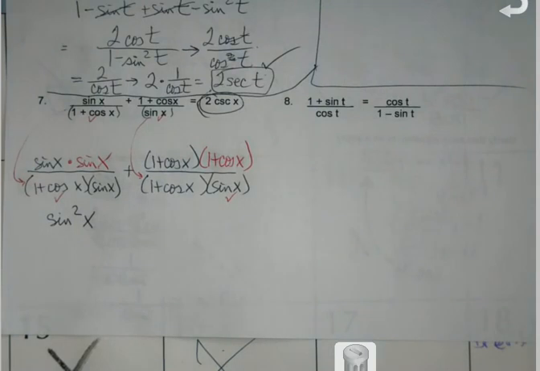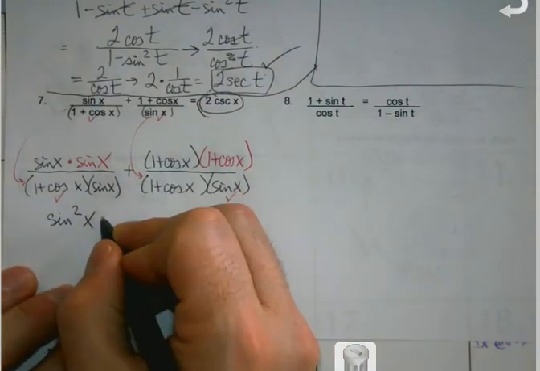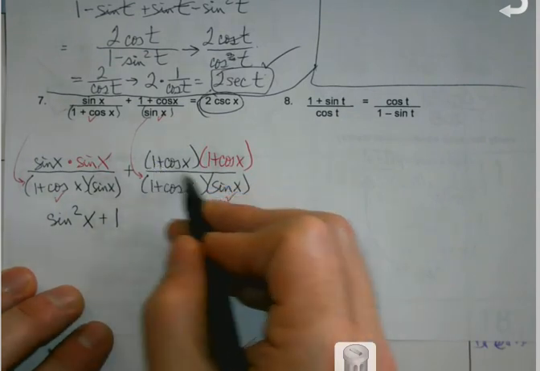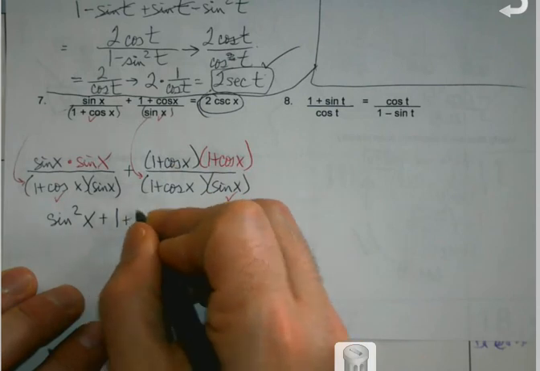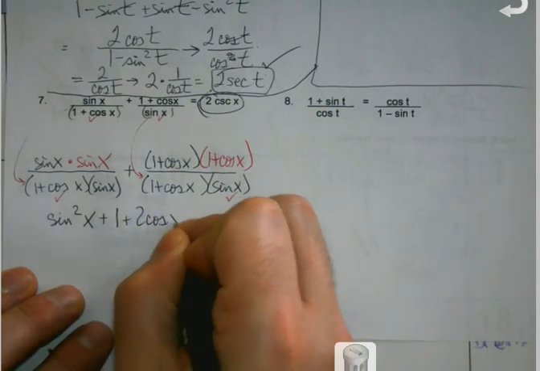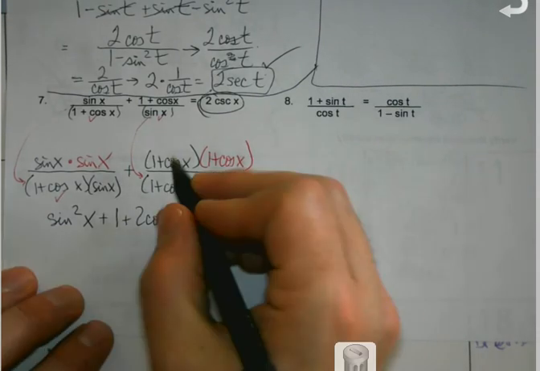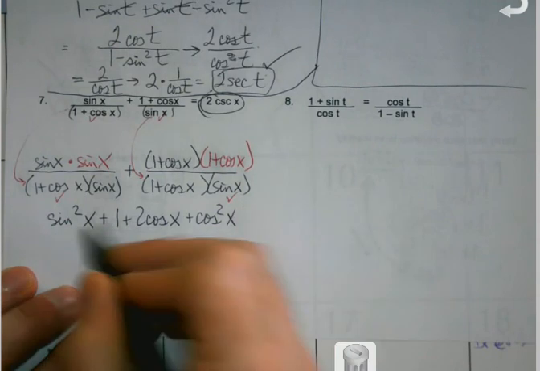So I look and I go, okay, so sine squared of x. And then I'm going to FOIL this out. So I have 1 plus a cosine of x plus another cosine of x. So 2 of them. Again, not cosine squared because I'm adding, not multiplying. And cosine times cosine is cosine squared of x.